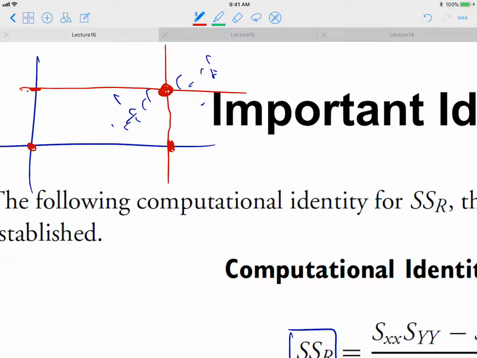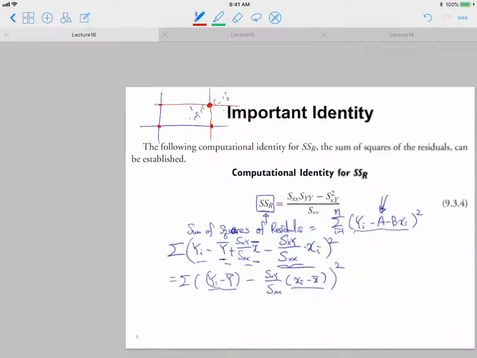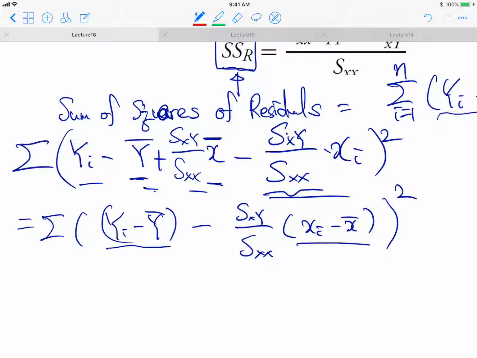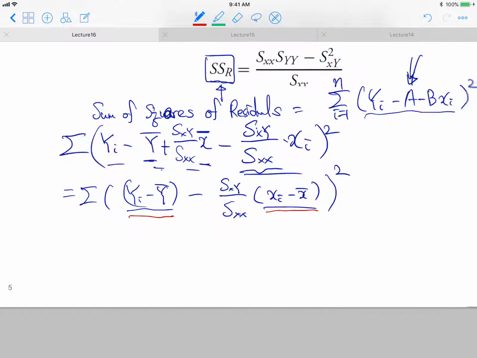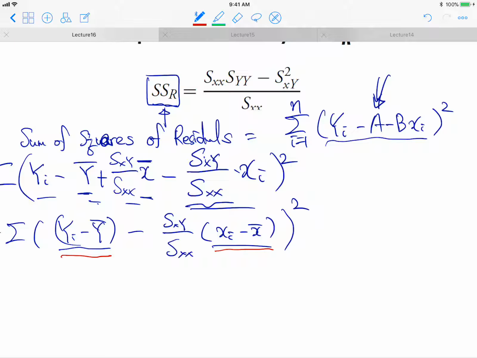After doing so, we now have these new values corresponding to yi and xi. So these are just the centered ones. And after that, what we can do from here is this kind of thing.